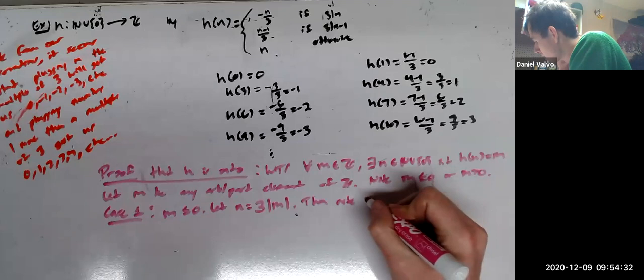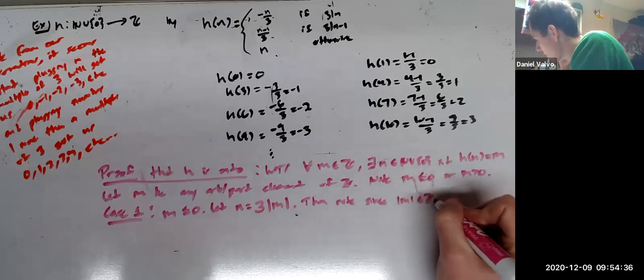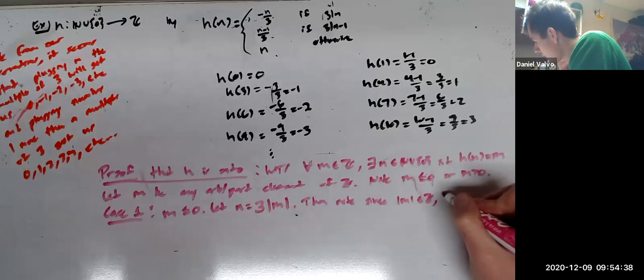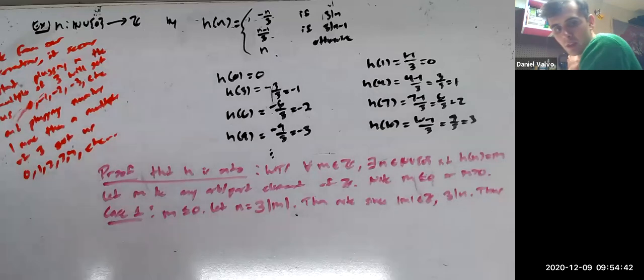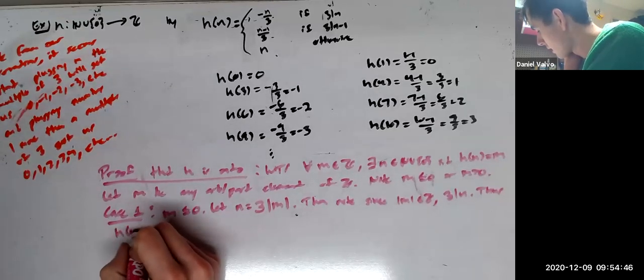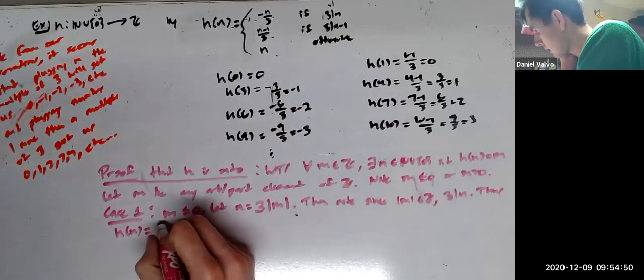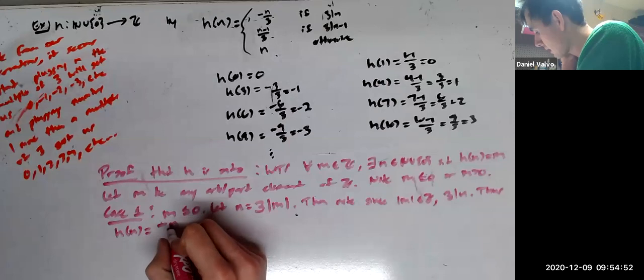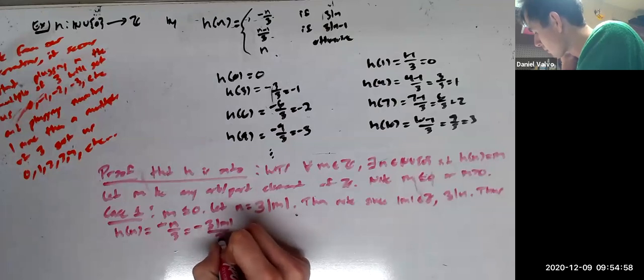Then note, since the absolute value of m is certainly in Z, 3 divides n. Thus, h of n, in this case where 3 divides n, will get us negative n over 3, which is negative 3 times absolute value of m over 3.